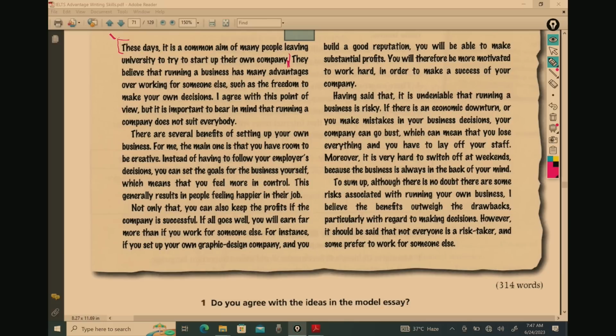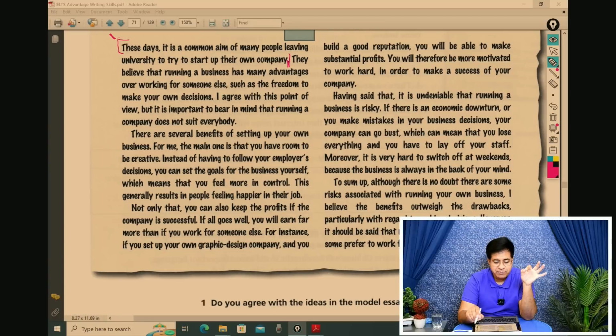Sentence number 1. These days, it is a common aim. The word common aspiration has been converted into aim. These days, it is a common aim of many people leaving university. Wow, what a good rewording. For young people, he has used the phrase many people leaving university. Now you understand?